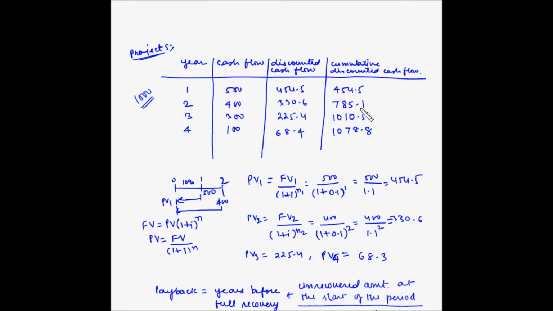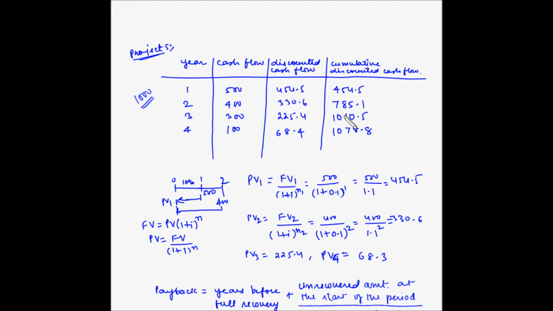At the end of second year, we have a cumulative discounted cash flow of 785.1, and at the end of third year we have a cumulative discounted cash flow of 1010.5 rupees. So basically we will recover the 1000 rupees during the third year.